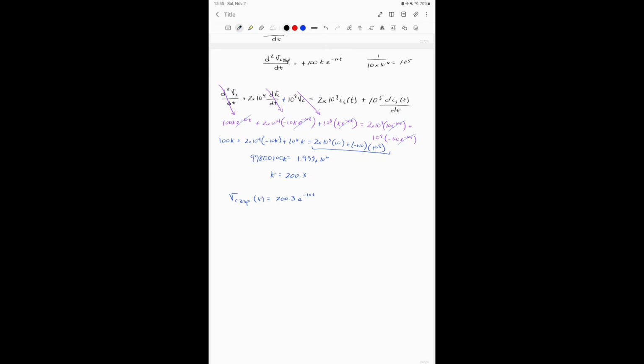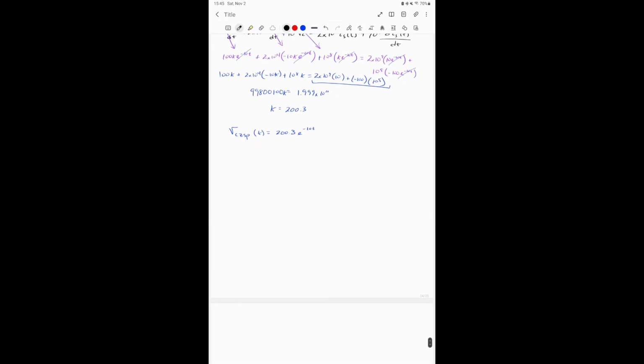And so now we can put together our VC0 state homogeneous plus VC0 state zero state particular, which is going to be a e to the negative 10 to the 4th t plus b t e to the negative 10 to the 4th t plus 200.3 e to the negative 10t.